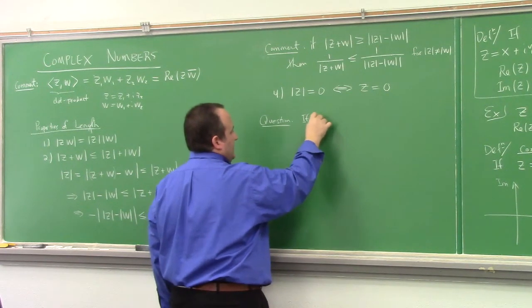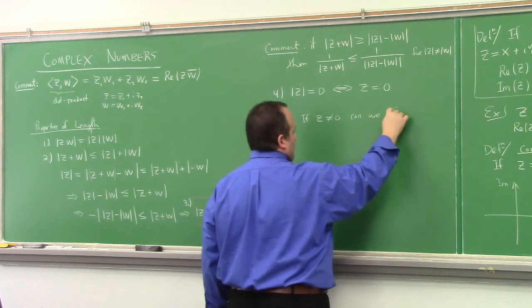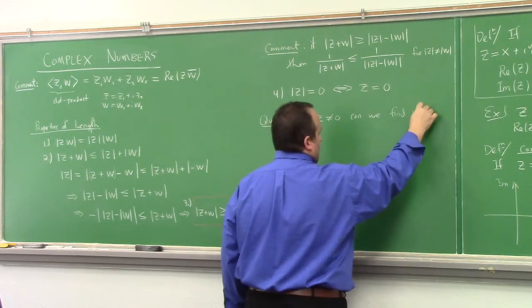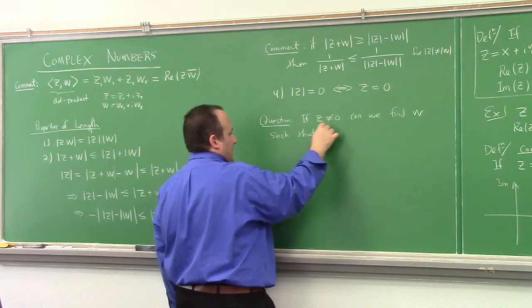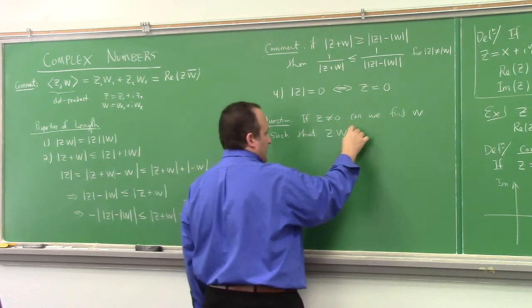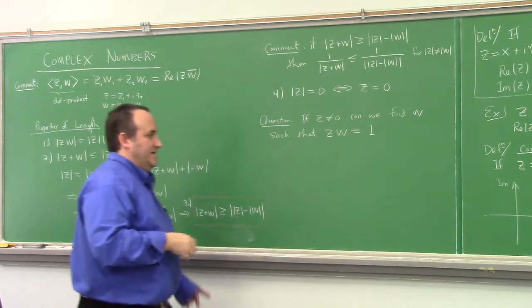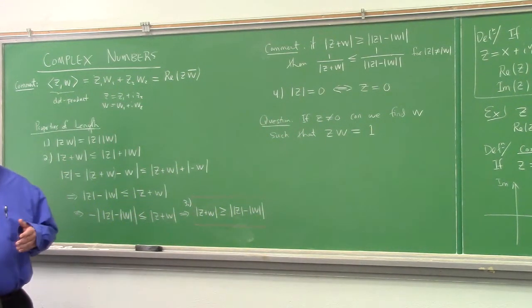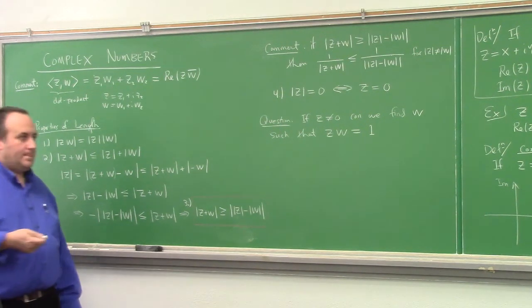If z is not equal to 0, can we find w such that z times w is equal to 1? Because then we would want to call w 1 over z in that case.